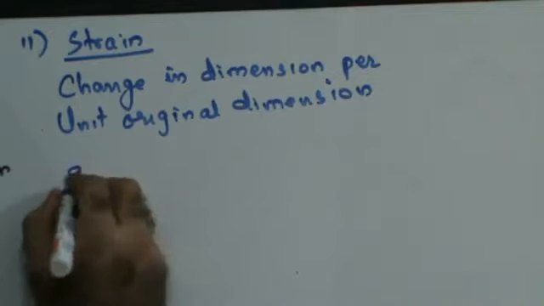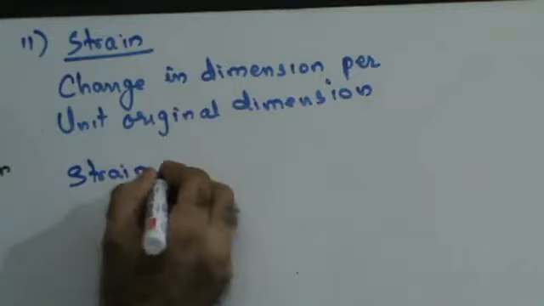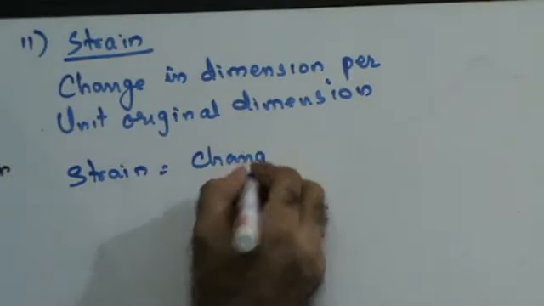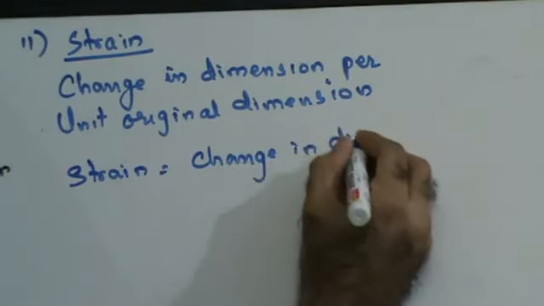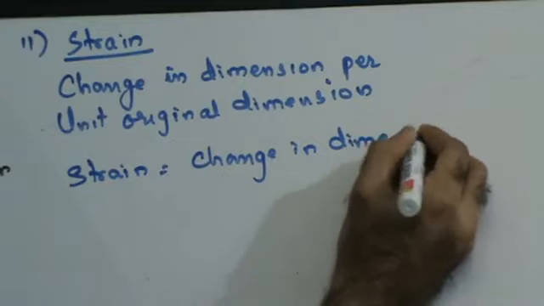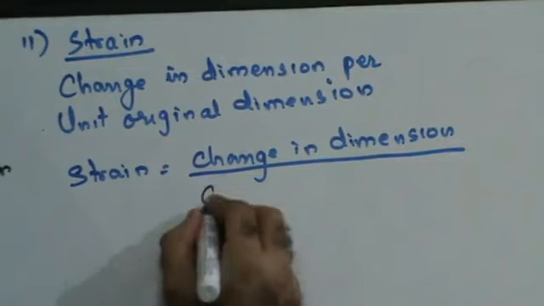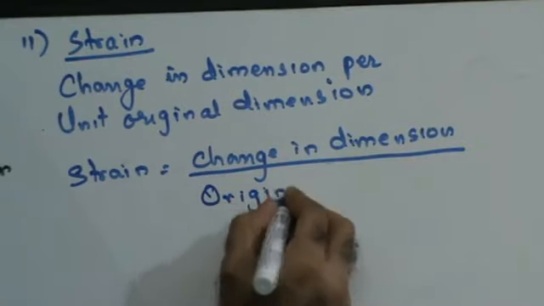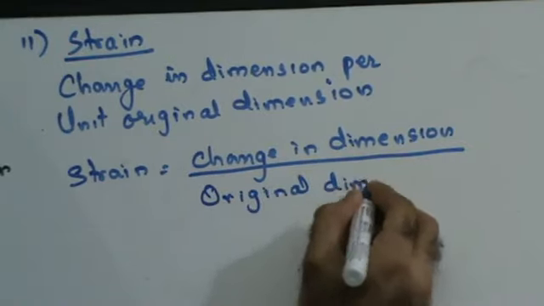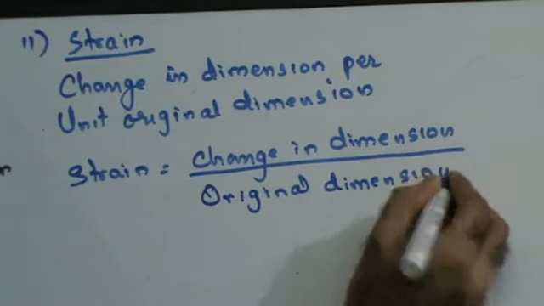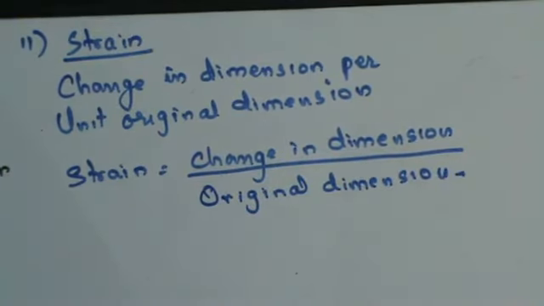Thus, strain can be defined as change in dimension upon original dimension. Right? It is a ratio. Okay? Now, what are the different types of strain?